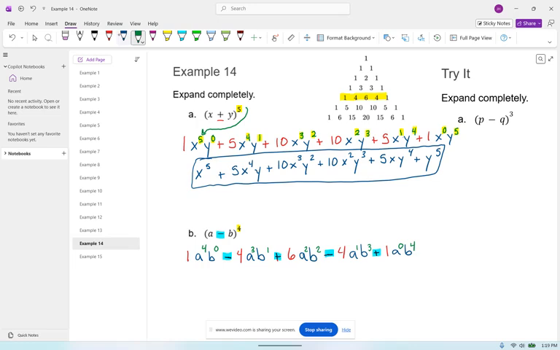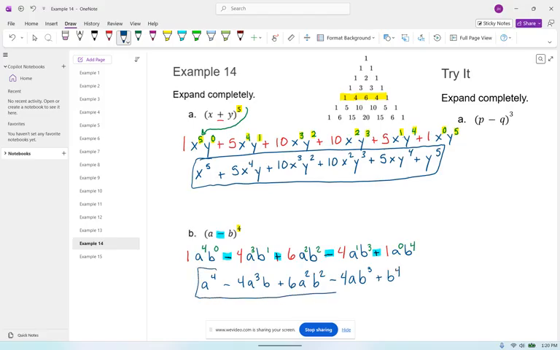So we just start low for our second variable and work our way up high. Now we're going to clean it up just a little bit. So we can get rid of that 1 and that b. So it'll just be a to the 4th minus 4a to the 3rd b plus 6a squared b squared minus 4, a to the 1st is just a, b to the 3rd plus, we can get rid of that 1, get rid of that a raised to the 0, and we'll just have b to the 4th.